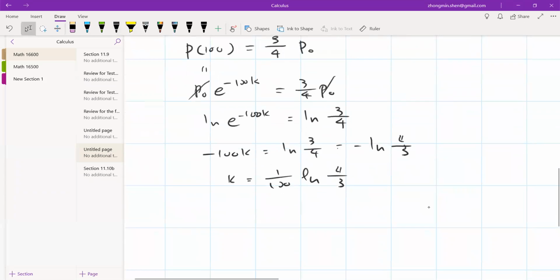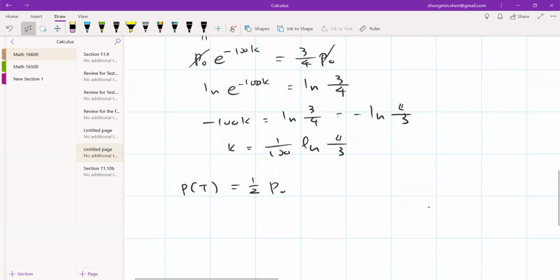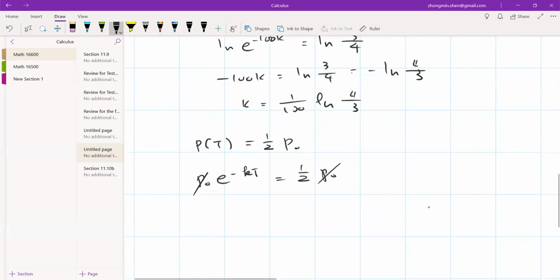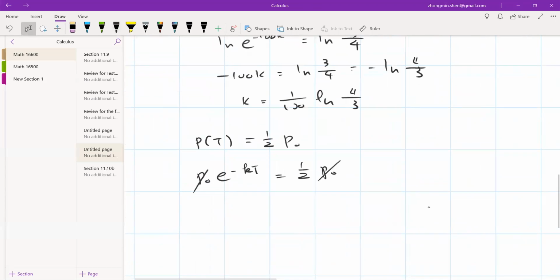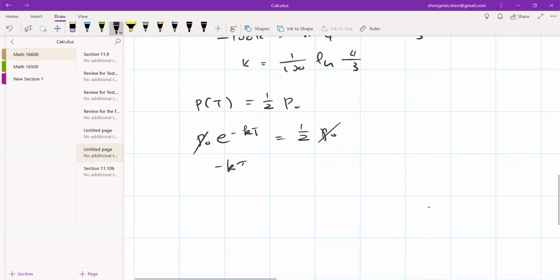Okay, the half-life. Let's say we forgot the definition. Half-life is the time t when the quantity equals half of the original. In other words, e to the negative kt equals one half, and you still don't need the original quantity. Now take the natural log on both sides.